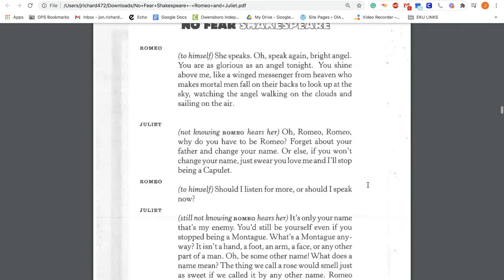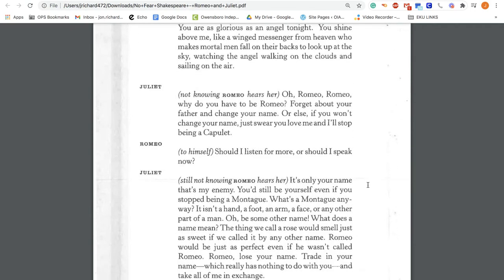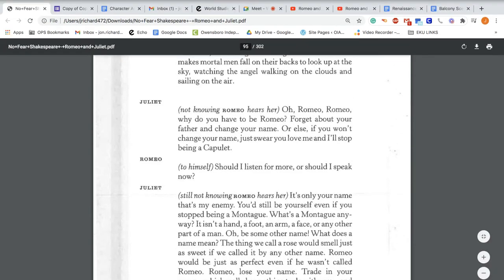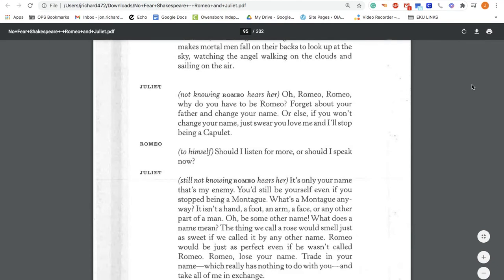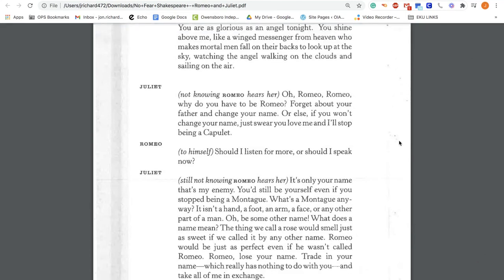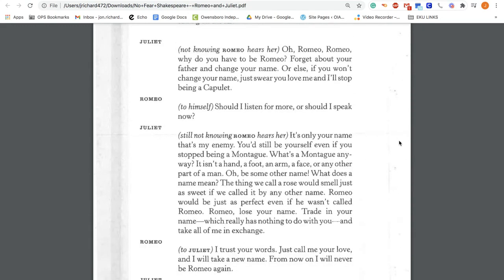Not knowing Romeo hears her: Oh, Romeo, Romeo, why do you have to be Romeo? Forget about your father and change your name, or else, if you won't change your name, just swear you love me and I'll stop being a Capulet. Should I listen for more, or should I speak now? It's only your name that's my enemy. You'd still be yourself even if you stopped being a Montague. What's a Montague anyway?